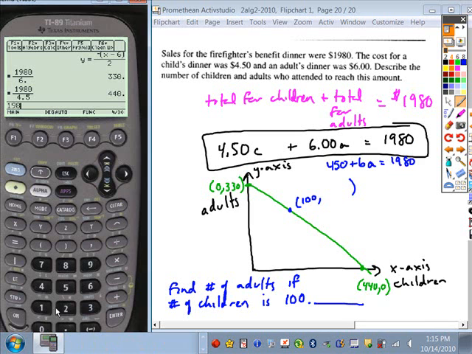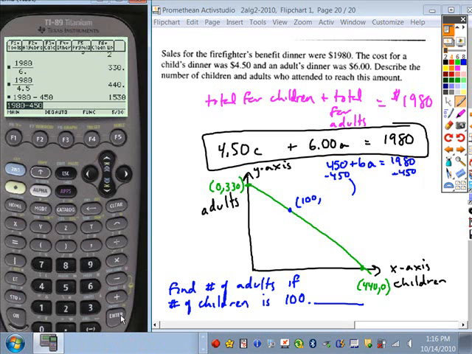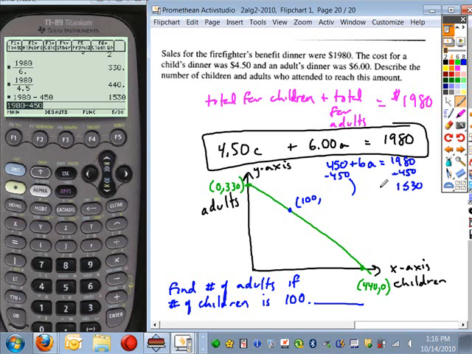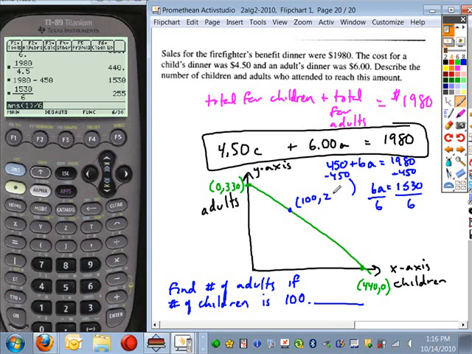We can solve that by taking 1980, subtracting 450 from that, and we get 1530 is equal to 6A. And now divide both sides by 6 to isolate our A. And we get 255. And so here would be one potential combination. If the number of children is 100, then the number of corresponding adults would have to be 255.